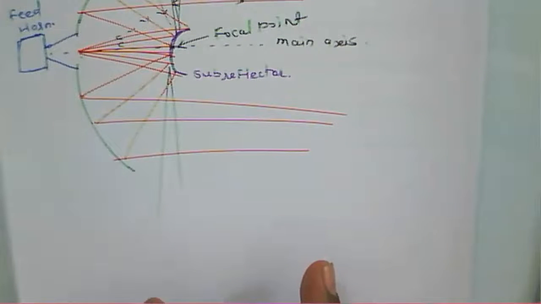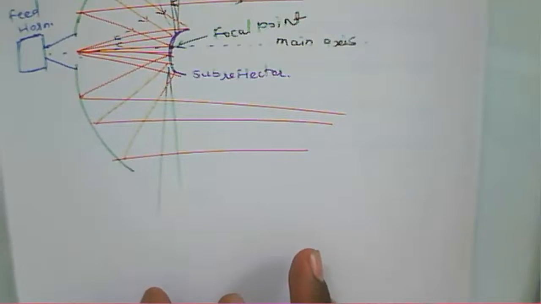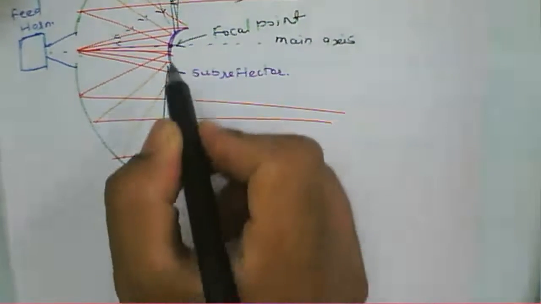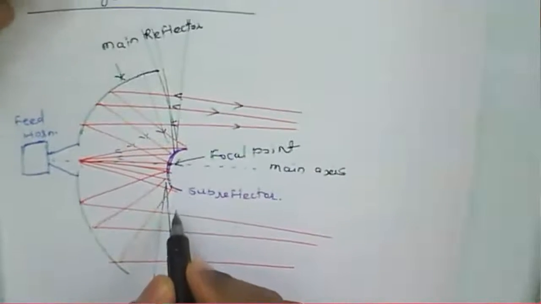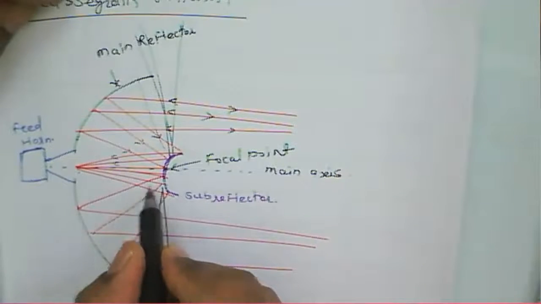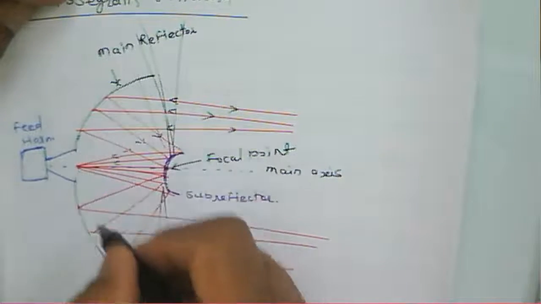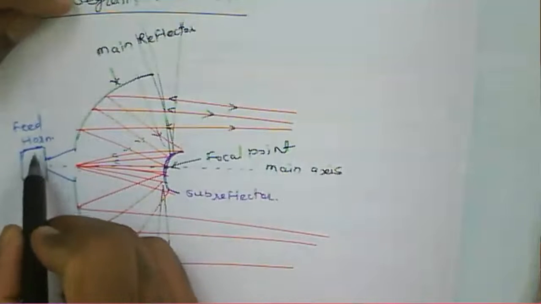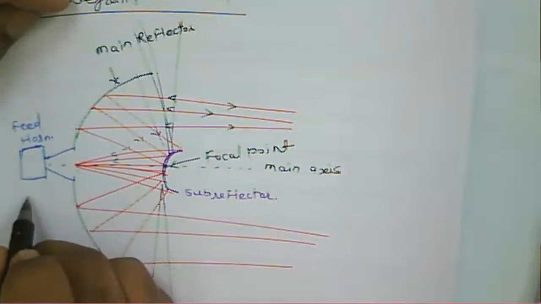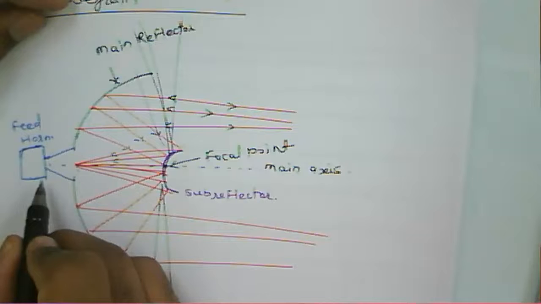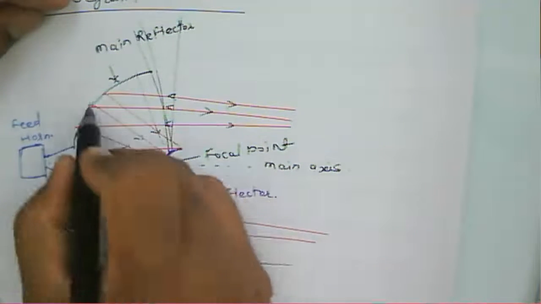And then we have seen the Cassegrain antenna. Instead of a horn antenna being placed at the focal point, below that parabolic reflector the horn antenna is used. So this one is the feed horn, and here two reflectors are used.